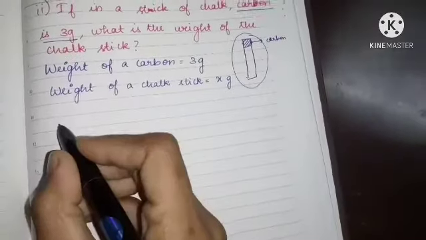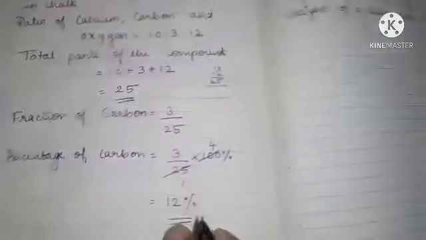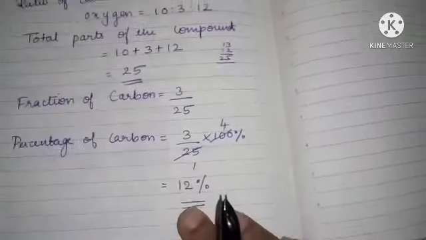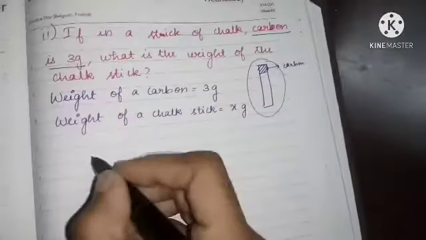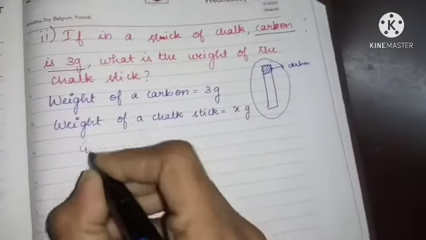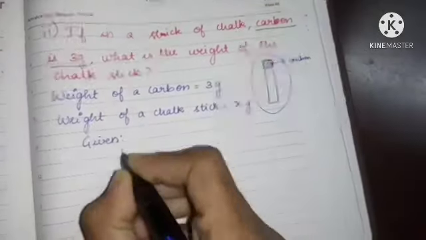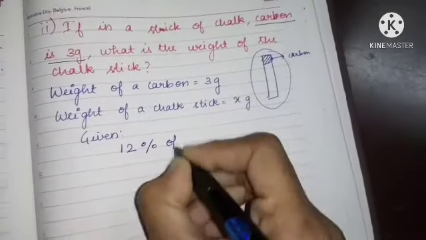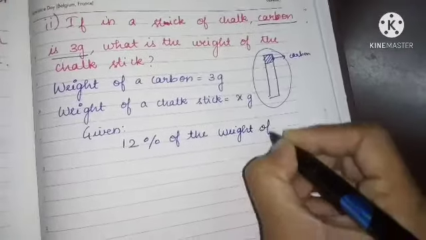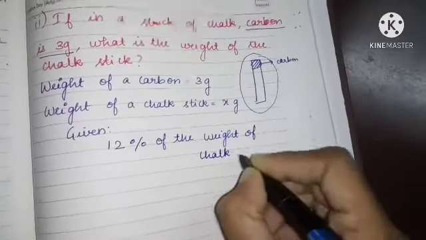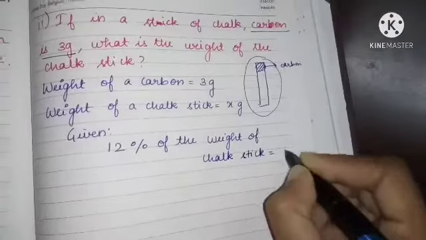So, what is actually percentage of the carbon? 12 percentage, which we have found in the last problem. So 12 percentage of the carbon is nothing but 3 grams. So they are given 12 percentage of the weight of chalk stick is equal to 3 grams.